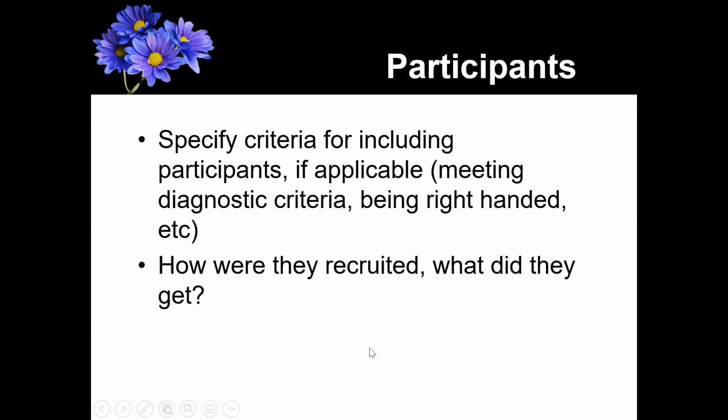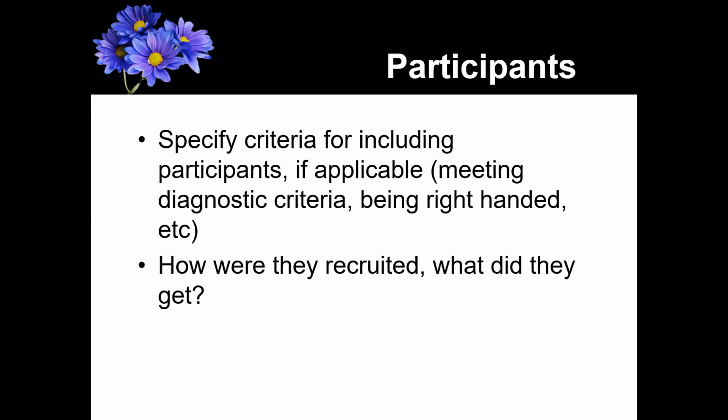The other thing is, how were they recruited and what did they get? I'm sorry, again, this will be future tense for you, but where did you get them from? Were they from a university, or where would you like to get them from? A university, a retirement home, a school, whatever it might be. Just make sure you list that.